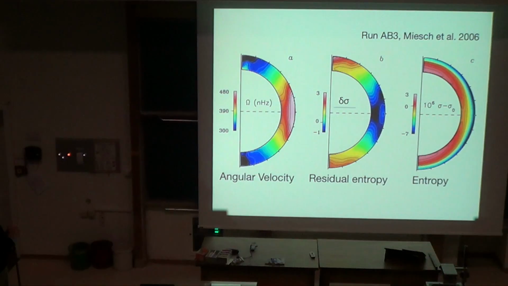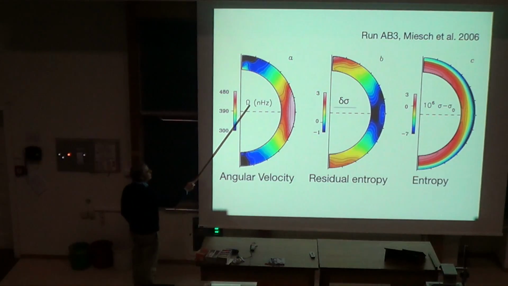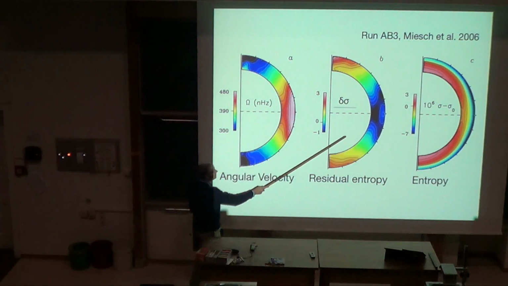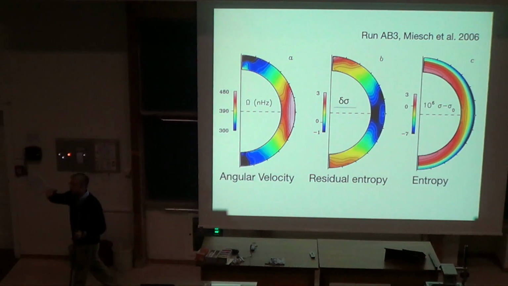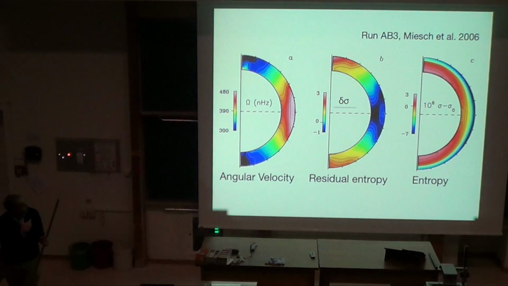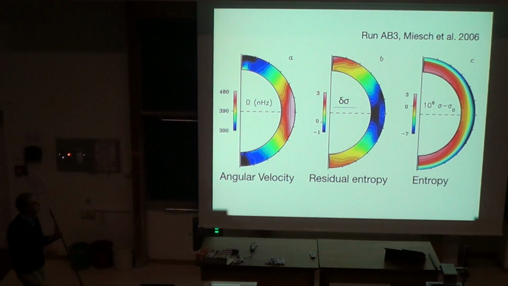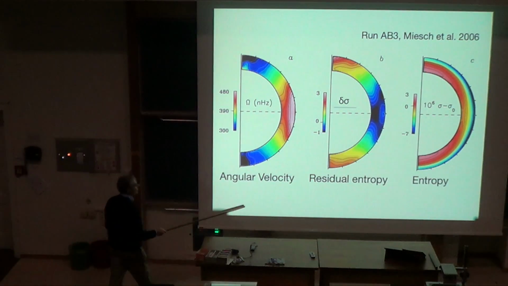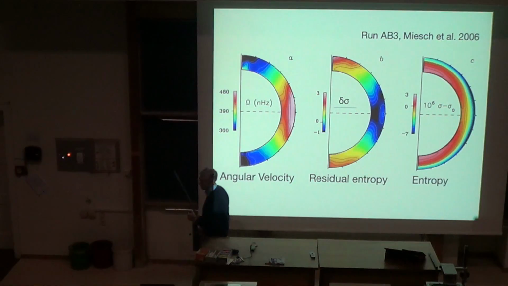This is now quite a while, almost 10 years ago. This is a plot of the pattern of omega, the angular velocity, and delta sigma. The colors are different because they have actually opposite signs. One is increasing, the other is decreasing. But if you look at the shapes of the contours, you notice there's a remarkable correlation, and there's absolutely no correlation whatsoever with the entropy itself.